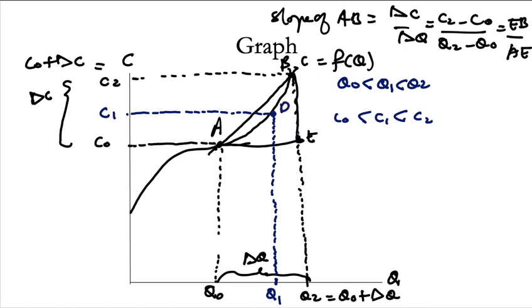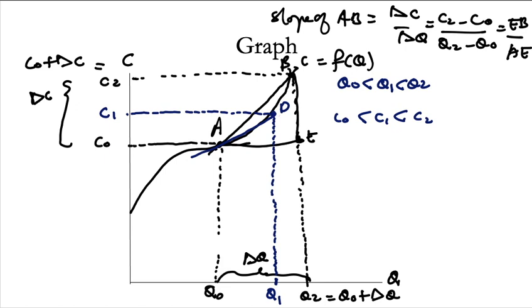So we can have another calculation of slope when quantity of product produced has increased from Q0 to Q1 instead of Q0 to Q2. And that increase can lead us to another new calculation of slope. And this is referring to a slope of line AD.